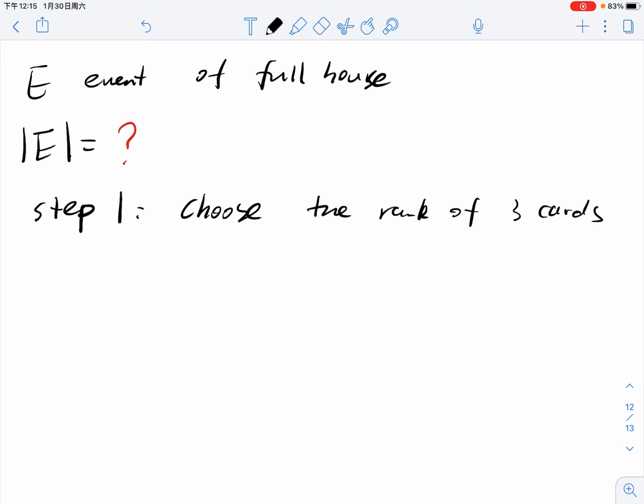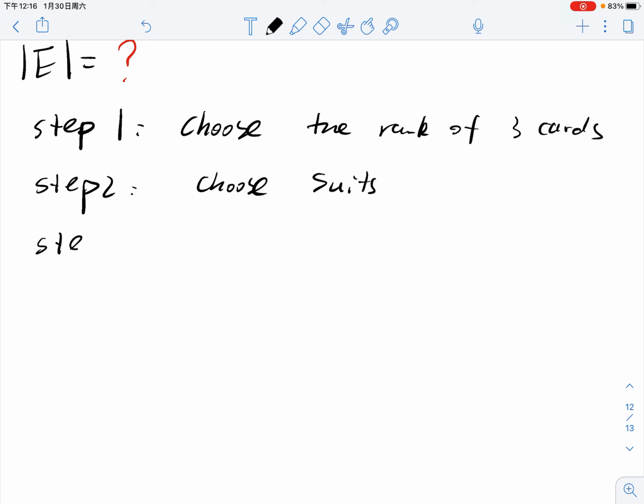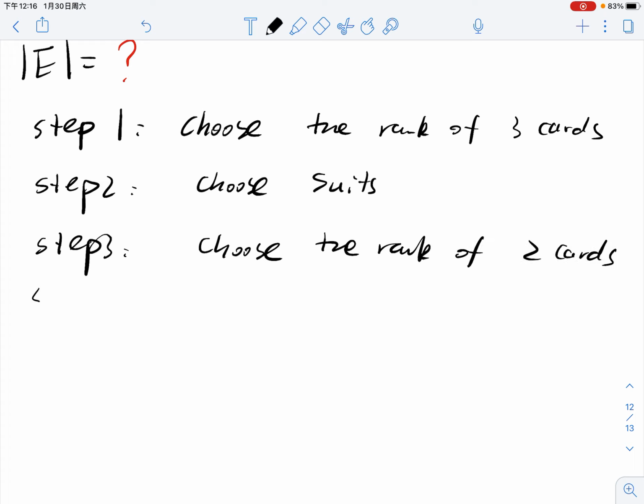Step 2, we choose suits for these 3 cards. Step 3, choose the rank of the other 2 cards. And step 4, choose suits for the other 2 cards.